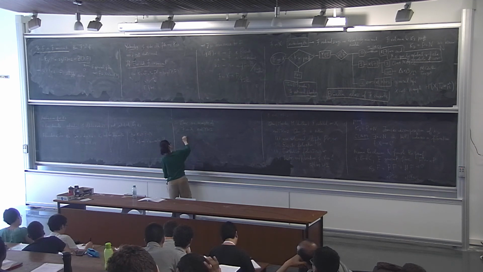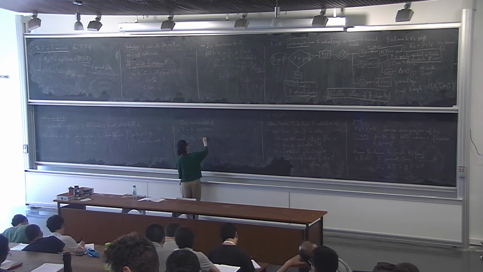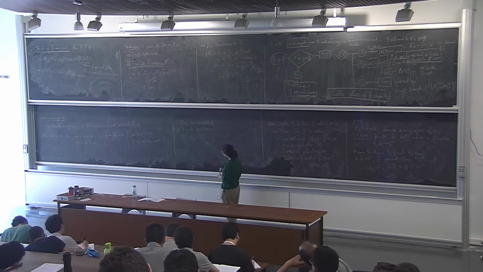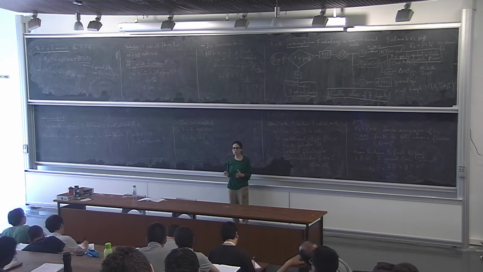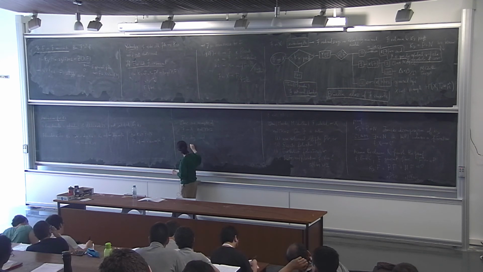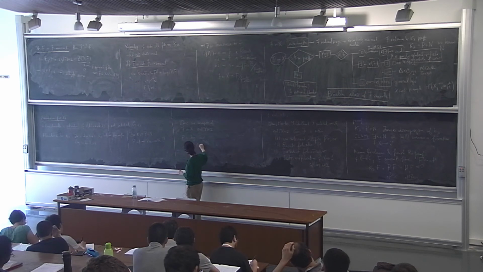So P is a big divisor, and a big divisor is an ample divisor on a Zariski open set, and we can describe the set where P is not big, the union of the curves C such that P has 0 intersection with C.